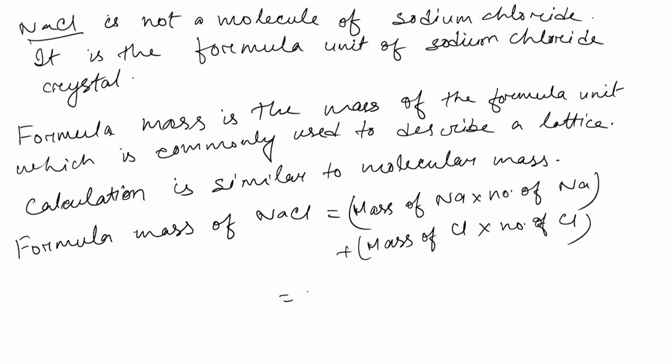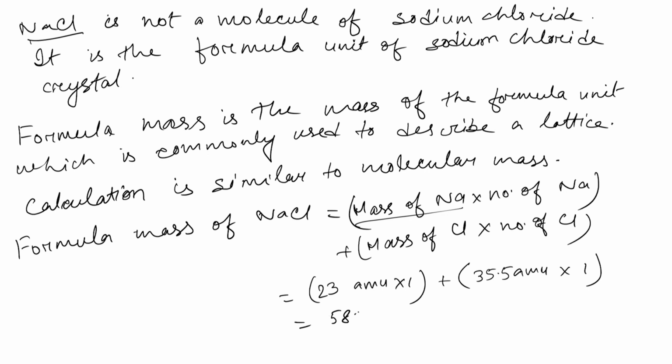This is equal to 23 mu, the mass of sodium, into 1, the number of sodium here, plus 35.5 mu, the mass of chlorine, into 1, the number of chlorine. So this comes as 58.5 mu. This is the formula mass of sodium chloride.